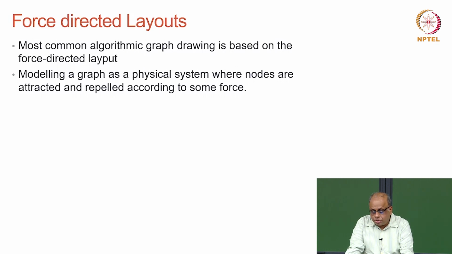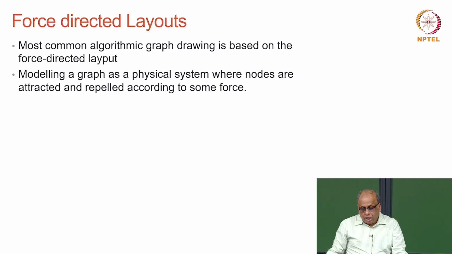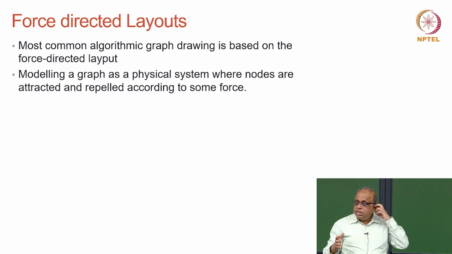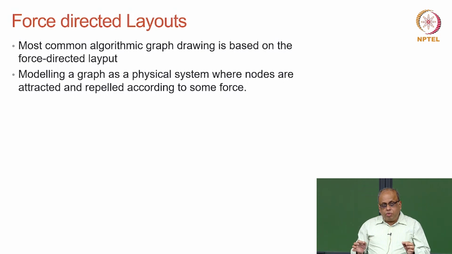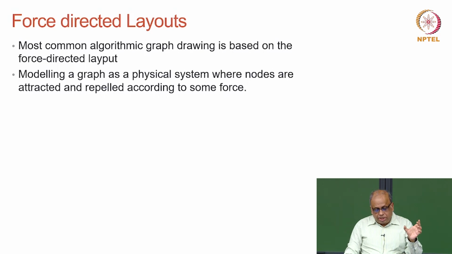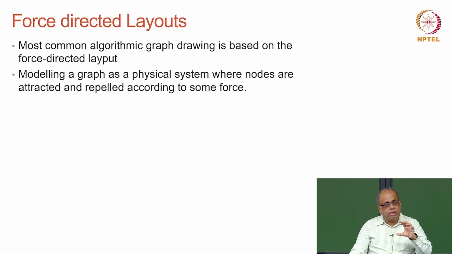The nodes are physical objects. For example, you can consider the edges to be springs, and if there are two nodes connected by a spring, they will try to come close to each other. So there is an attractive force between the nodes. Also, you can model the nodes as charged particles.